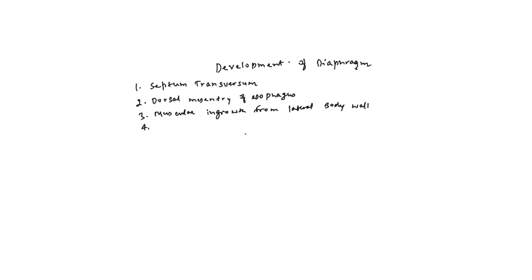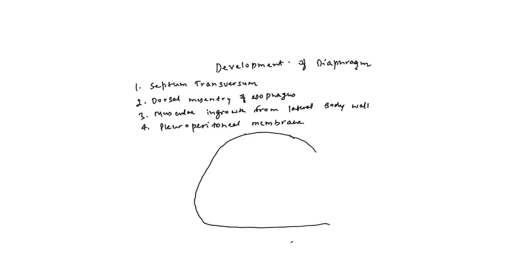And fourth, pleuroperitoneal membrane. So this is the oval shaped diaphragm. Here is the vertebra.